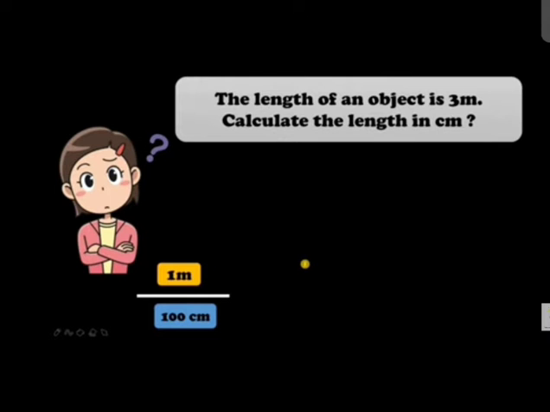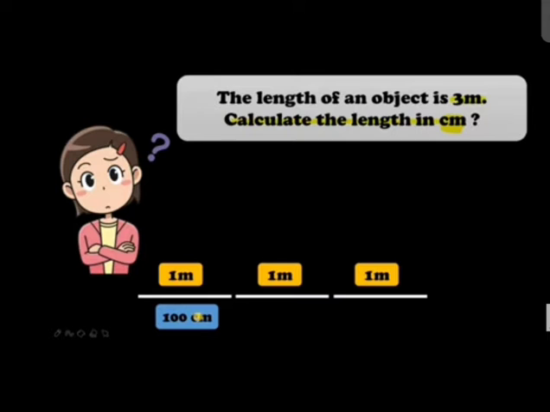Now let's understand it with an example. The length of an object is 3 meter. Calculate the length in centimeter. So if the length of an object is 3 meter and we have to calculate the length in centimeter, what we have to do here is remember that 1 meter is always equal to 100 centimeter.